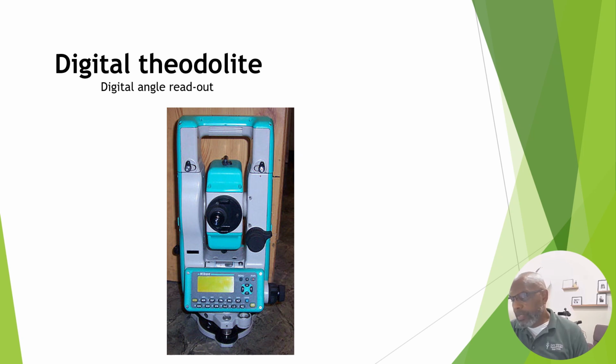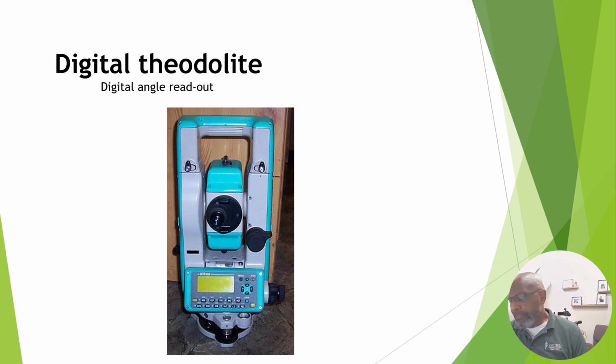The metal or optical circle has been replaced with electronic sensors that determine the angle quickly and precisely. From a distance, the digital theodolite looks like an optical theodolite in size and overall shape.